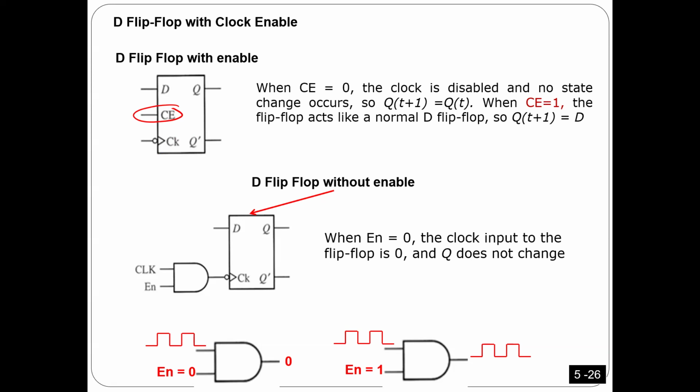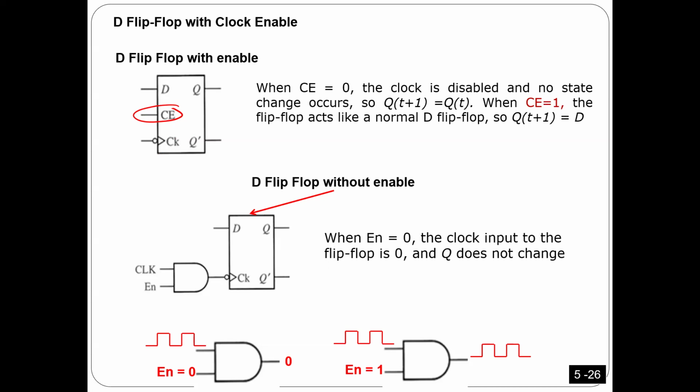It is disabled. If you don't have a clock, it's similar to disabled, because the input is only taken at a certain point. So if I don't allow the clock to enter the flip-flop, I disable it. That's exactly what I'm saying here, guys: if it does not have an enable, I can add it this way, with a clock input and an enable input here.